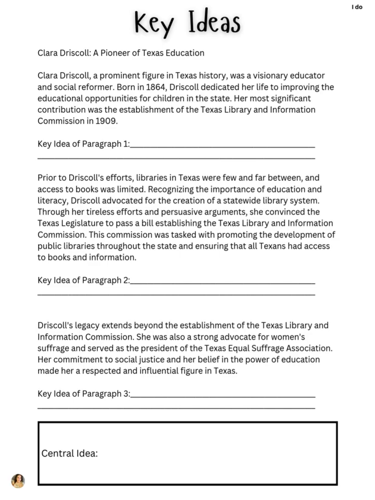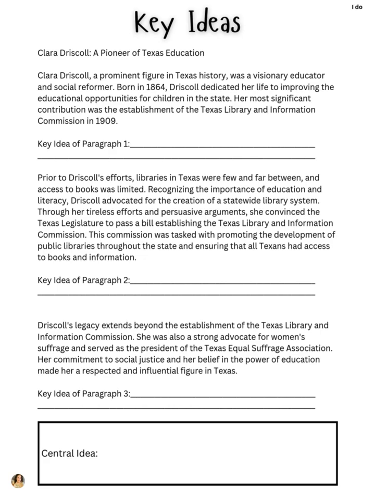Through her tireless efforts and persuasive arguments, she convinced the Texas legislature to pass a bill establishing the Texas Library and Information Commission. This commission was tasked with promoting the development of public libraries throughout the state and ensuring that all Texans had access to books and information.